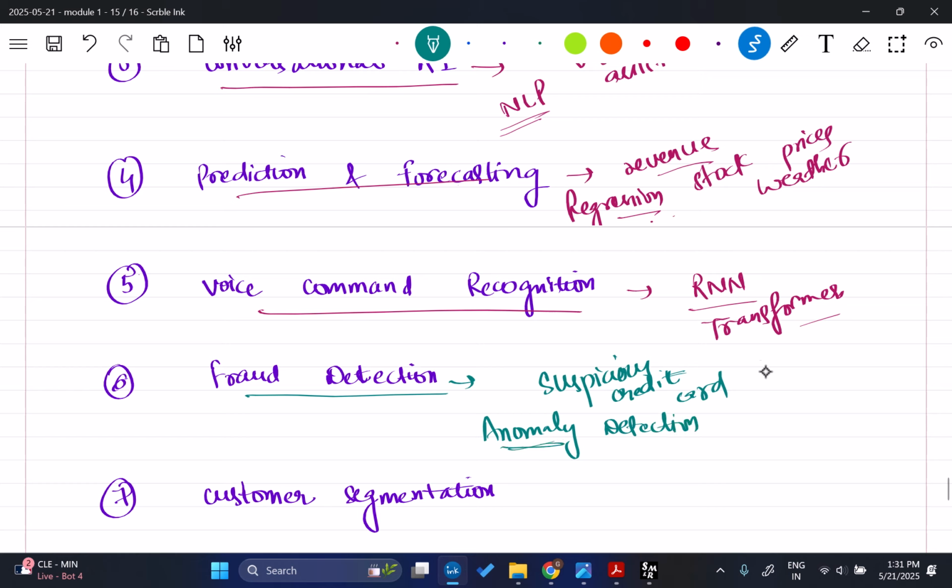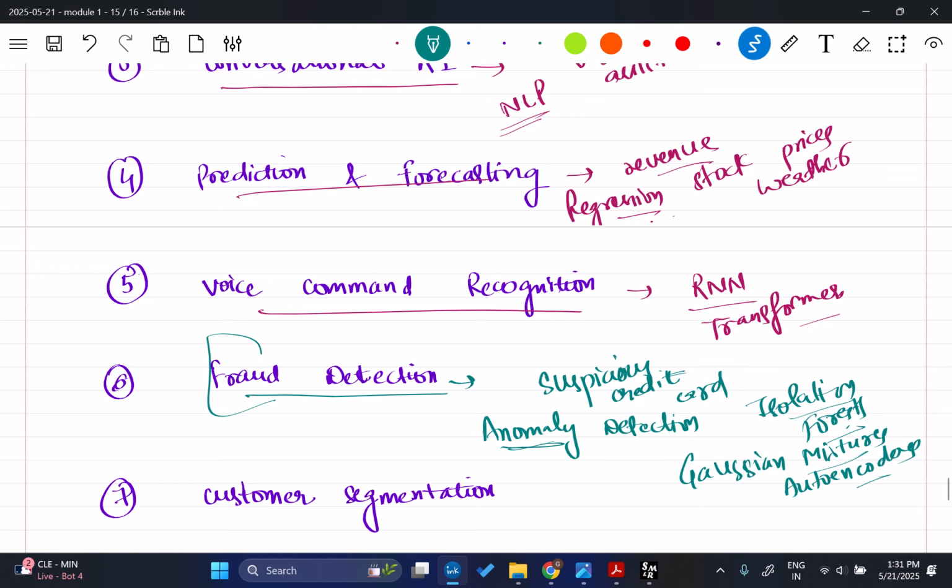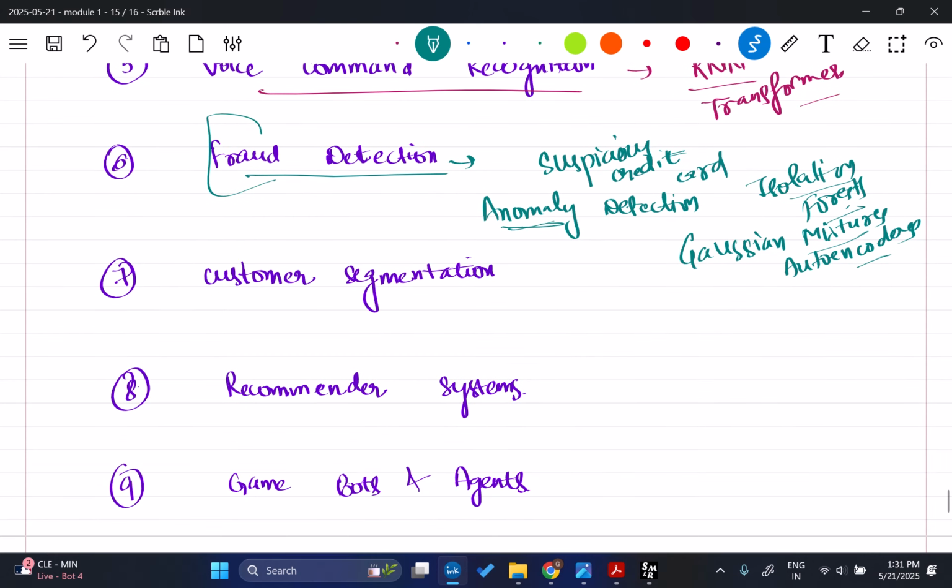Anomaly means something suspicious, different from something normal. And we can use the concept of isolation forest. I think you might not be able to understand this if you're a beginner, but I'll explain all these things in the coming sessions. So Gaussian mixtures or isolation forest, autoencoders, all these are the techniques which are used in the backend for detecting the fraud in case of credit cards.